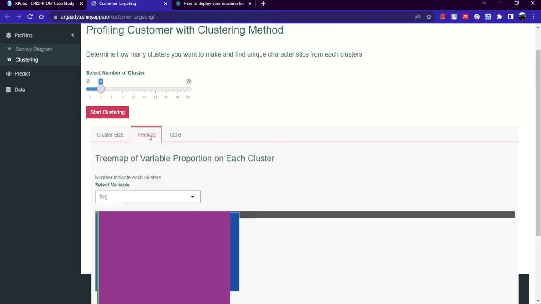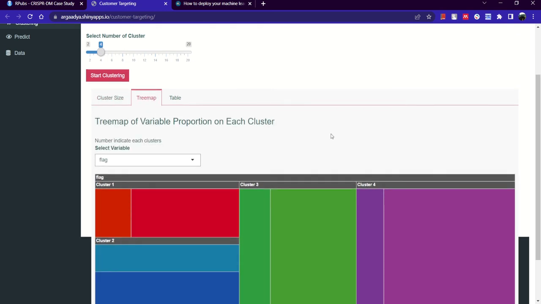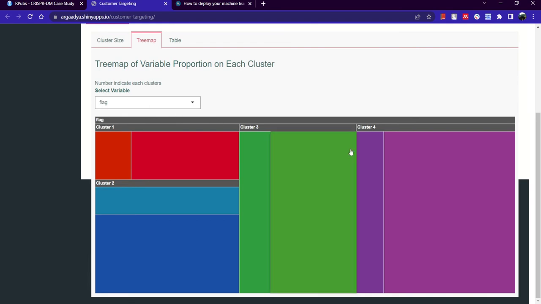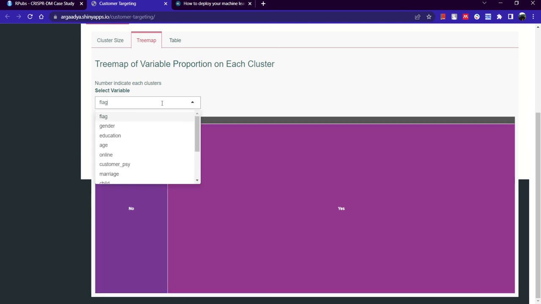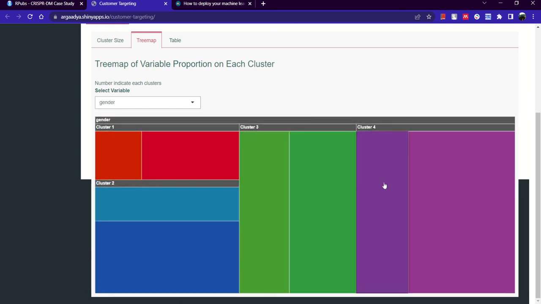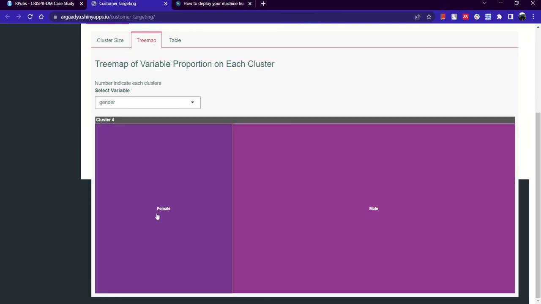Then we check into the tree map. Let's say inspecting flag. This is cluster 4. So based on flag, in this cluster we have a lot of customers who eventually have purchased the product. You can look into gender, again by cluster, so you can understand your cluster.